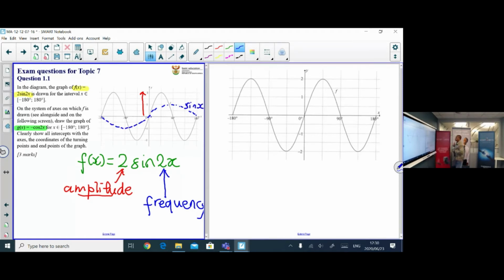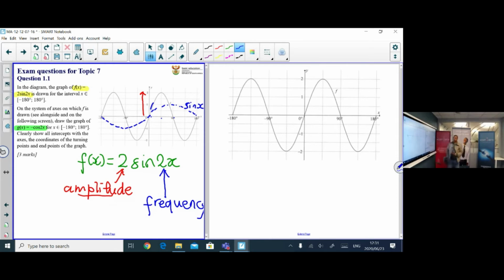But it's not happening like that, because besides the height, which is the amplitude we have talked about, there is also some kind of quick turn. You see, the graph is turning at 45, it's already at maximum instead of being at 90. So that is determined by the 2 for the frequency.